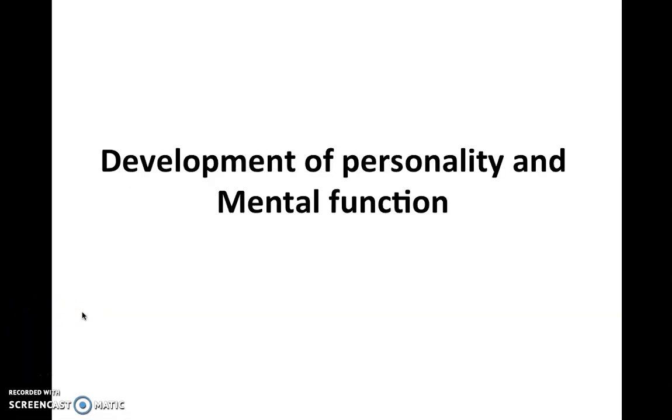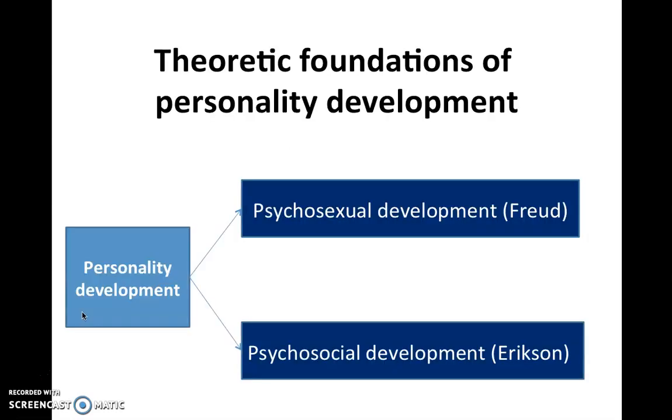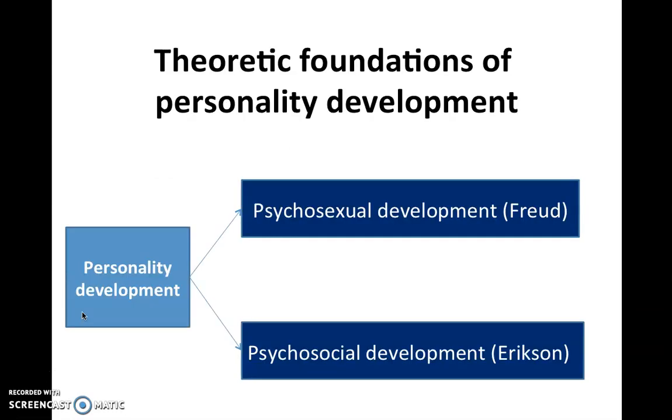So we have to discuss the development of personality and mental function. There are certain theories which explain personality development and mental function of the individual, and there are different stages of development. We have to understand these theories and stages of development.